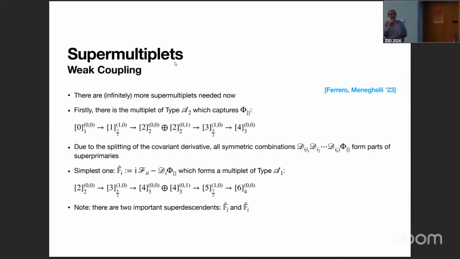These are all superdescendants within this multiplet. Even for this one multiplet, we have a lot of letters, and we can also act with derivatives and so on. So we can already see that we have a lot of possible states at weak coupling, but there is a reduction at strong coupling, where we have only one multiplet.